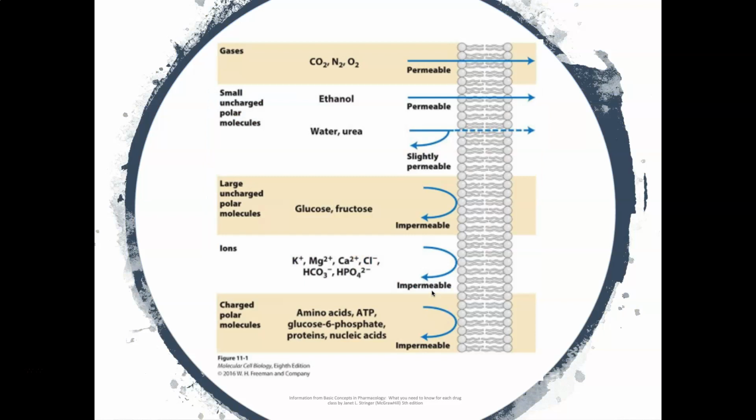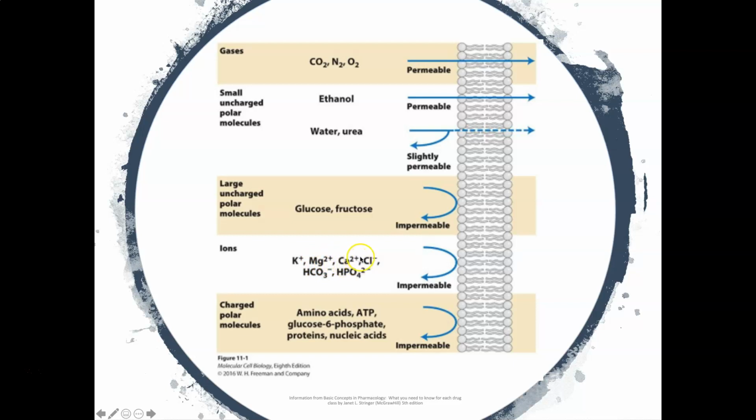Now let's talk about charge. There are charges to things. Did you know some things are charged positively, some things are charged negatively? You notice down here under ions, you've got K+, that's potassium. It's a positive charge. Then you've got Mg2+, Ca2+, that's calcium.